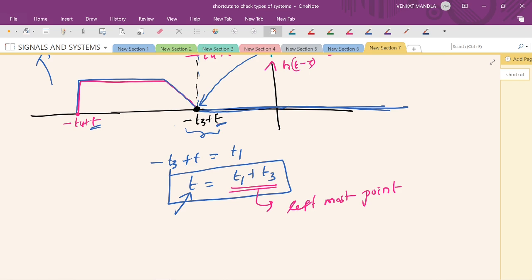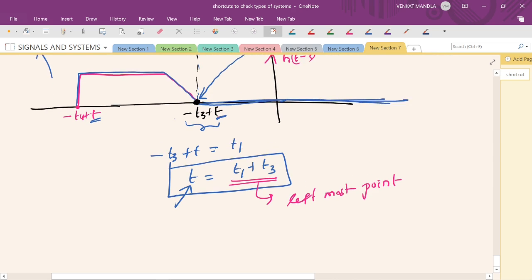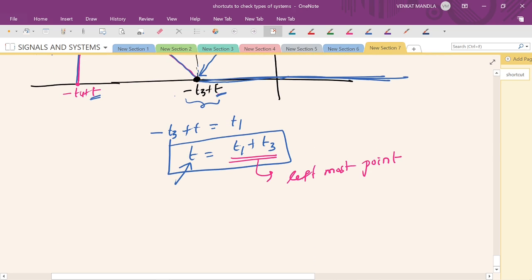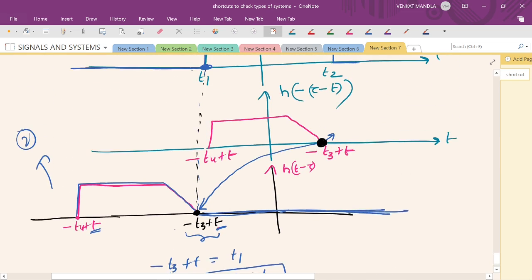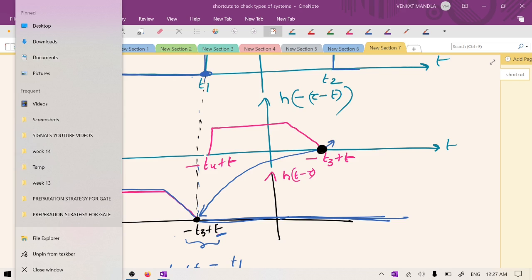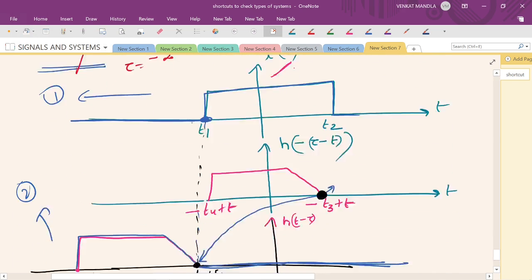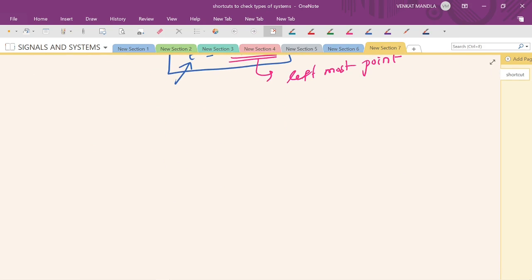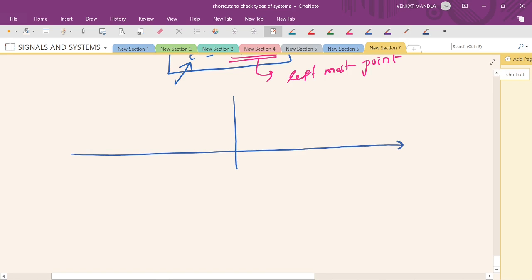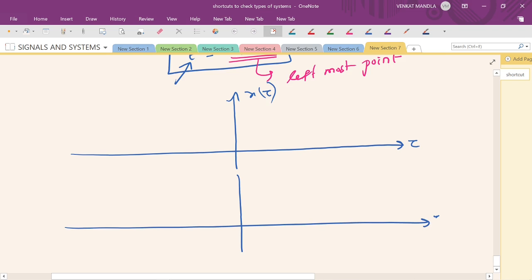I have to get some non-zero output. So what do I do? After getting this leftmost point, I will move towards the right side. Then I will get some overlap area. So I will again draw these two signals, x of tau and h of t minus tau. This is tau, this is x of tau, and this is h of t minus tau.